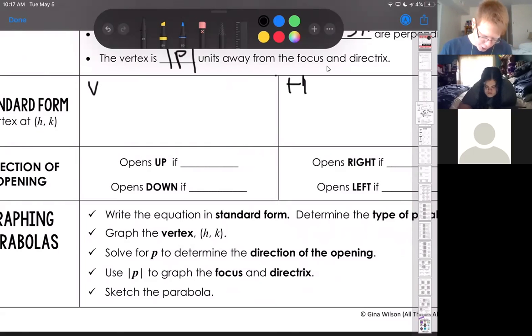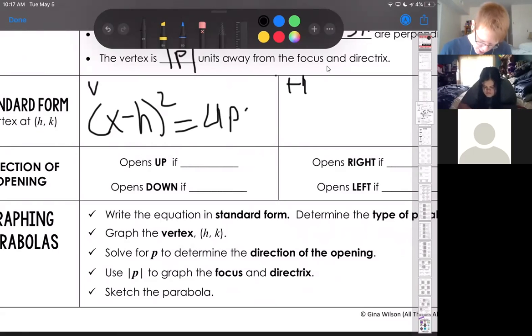If it's vertical, you're going to have (x minus h) squared equals 4p times the quantity of (y minus k). Notice it is like x squared equals a y term on the right side, so it holds true to the equation you would know of a parabola.